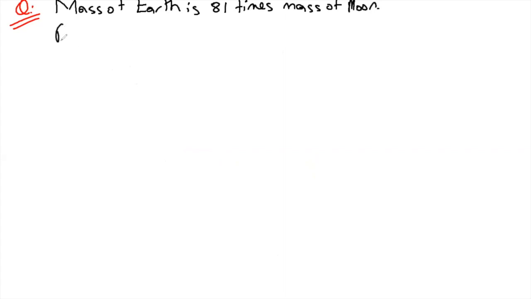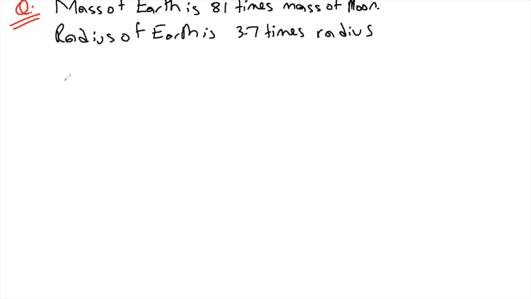Now, mass of the Earth. So mass of Earth is 81 times mass of Moon. And radius of Earth is 3.7 times radius of Moon.